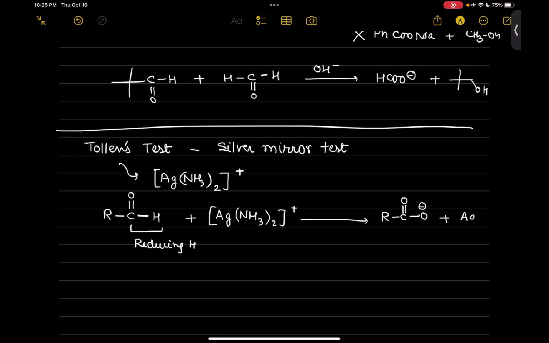It is the silver which is getting reduced, Ag plus getting reduced to Ag. And this gets deposited on the walls of the test tube. That's why the name silver mirror test. Got it? Is it clear or not? Yes, sir.